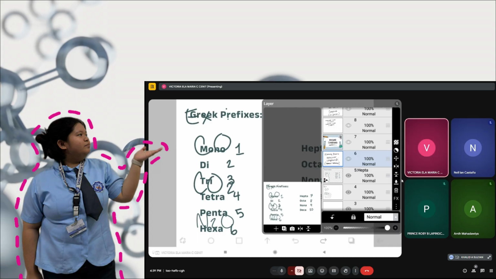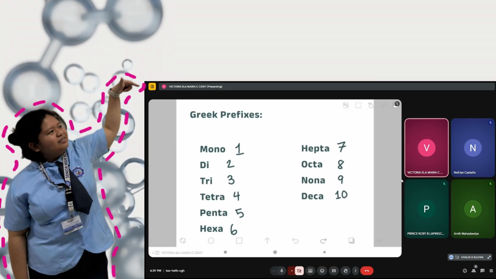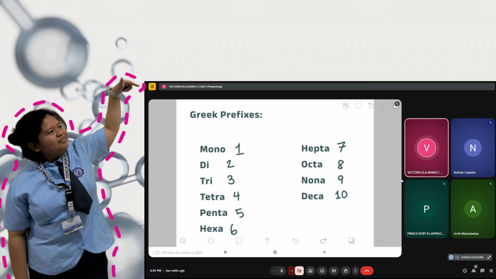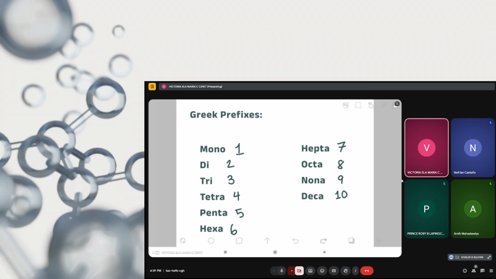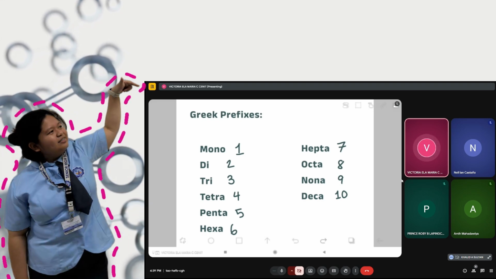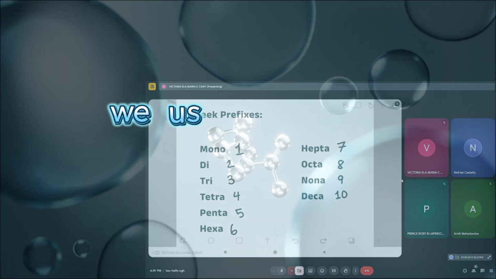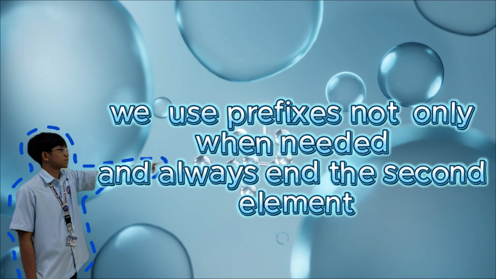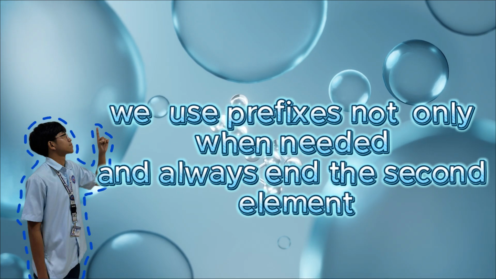Use Greek prefixes like mono, di, tri, tetra, and so on, to show how many atoms are present. But if the first element has only one atom, don't use the prefix mono. Got it. So we use prefixes only when needed, and always end the second element with "ide."